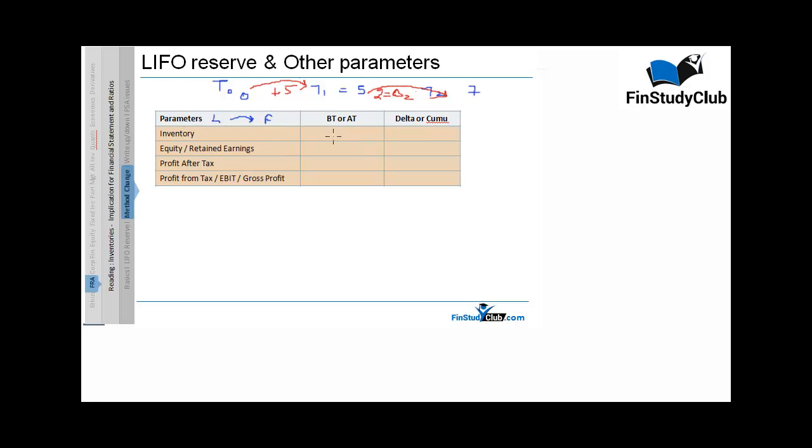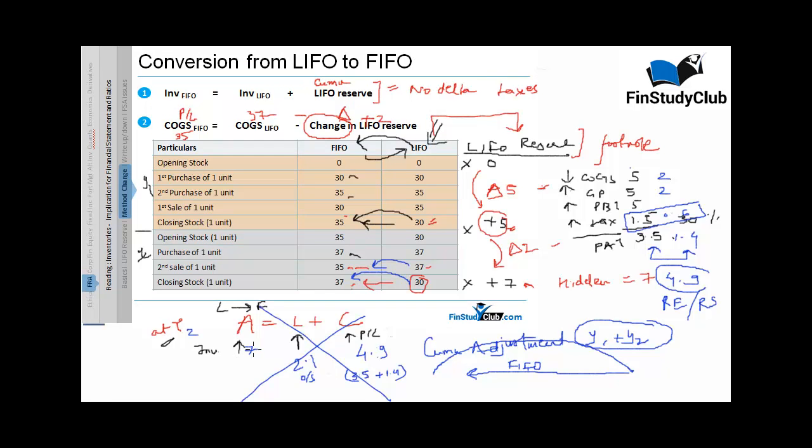If I have to convert the inventory, I will take inventory as before tax and take the cumulative value of the LIFO reserve. That's what I have done. If you look at it, I have taken inventory at entire 7, which is the cumulative value, and I haven't taken it 1 minus T. But on the other hand, if you look at the retained earnings here, I have taken cumulative value of 7 and have made it 1 minus T. 7 into 70%, as in 1 minus 30%, 1 minus tax is coming out to be 4.9.